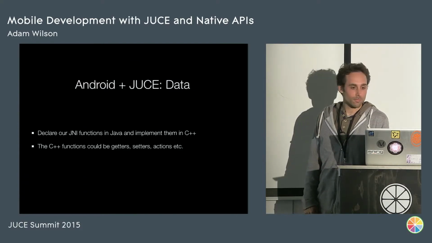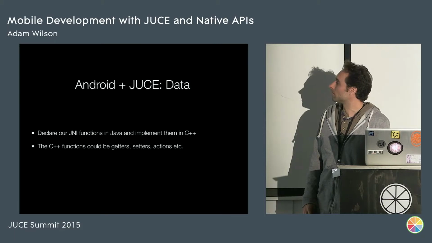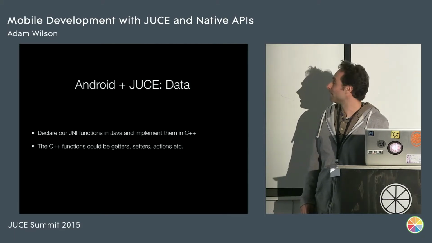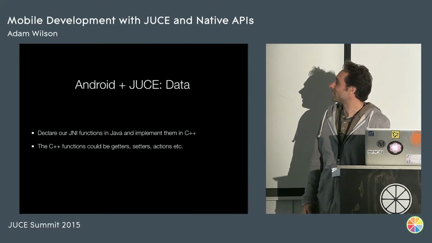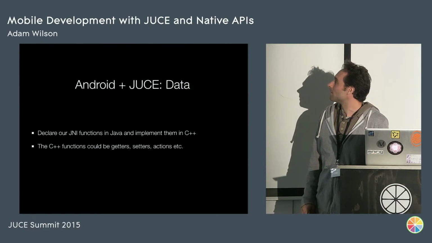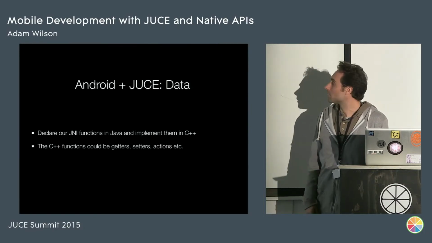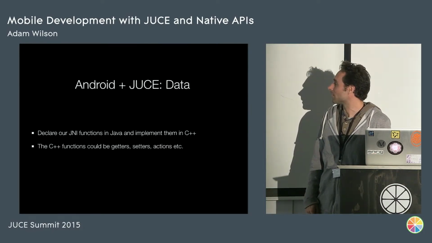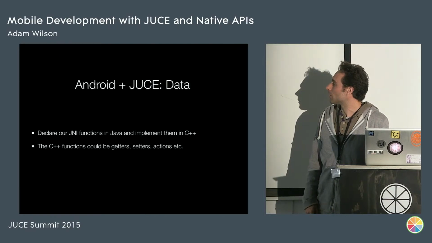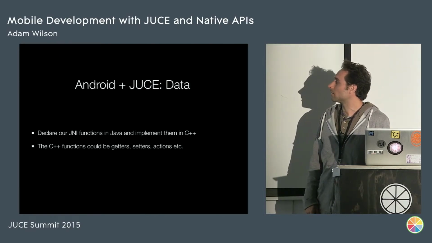So moving swiftly on, because I'm running out of time, to how to call C++ from Java. We declare our JNI, Java Native Interface, functions in Java and implement them in C++.